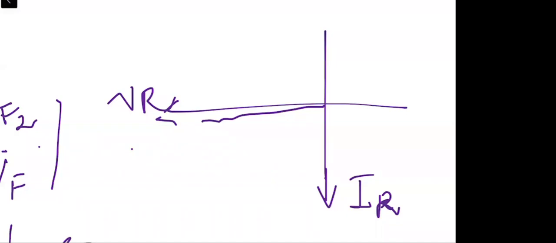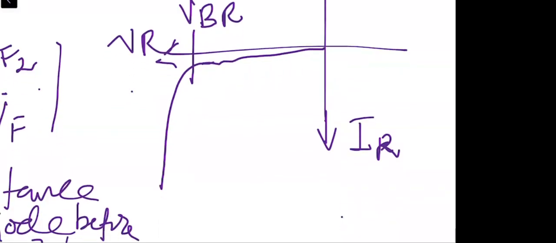But once we cross the reverse breakdown region VBR, a large amount of current starts flowing in the reverse region, right?